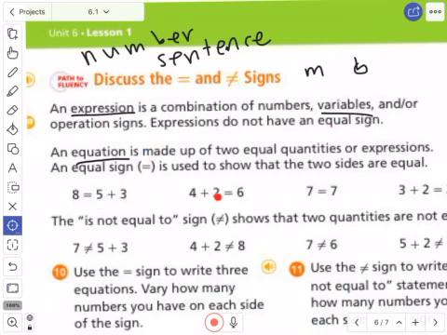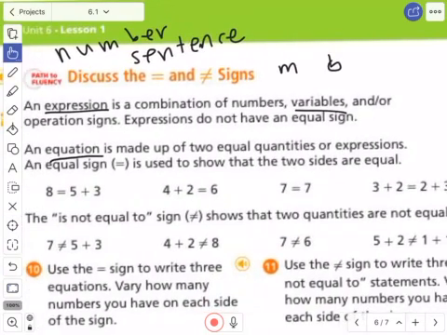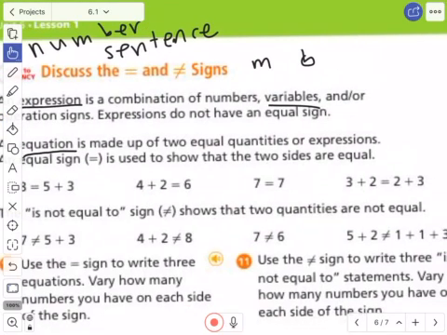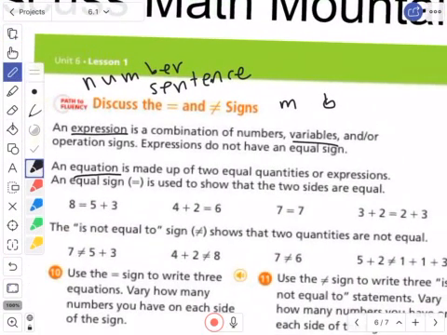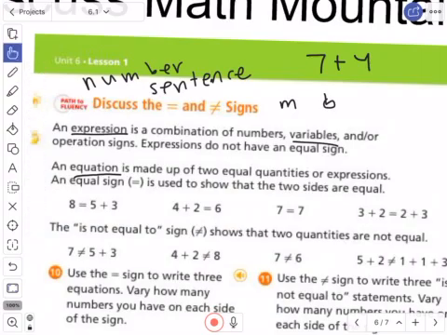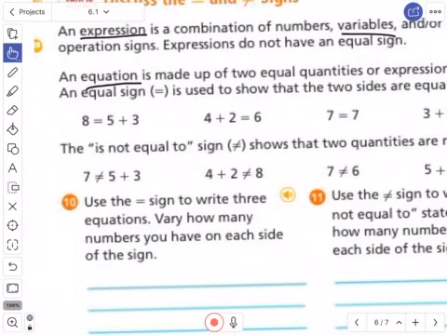So these right here are all equations. 8 equals 5 plus 2. 4 plus 2 equals 6. 7 equals 7. 3 plus 2 equals 3 plus 2. And I should have showed you an expression up here. An example of an expression would be just 7 plus 4. Just no equal sign.